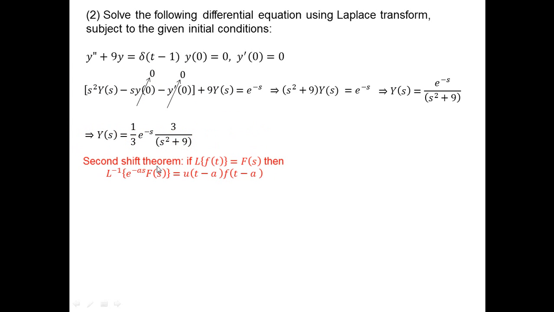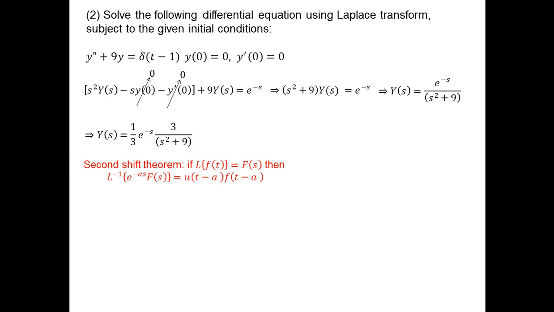The theorem that we need to use, and it is important to know, is the second shift theorem. The second shift theorem says if the Laplace transform of f(t), function f in the time domain, is F(s), then the Laplace inverse of e to the minus as F(s) is equal to u(t minus a) f(t minus a), which u(t minus a) is a shifted unit step function.